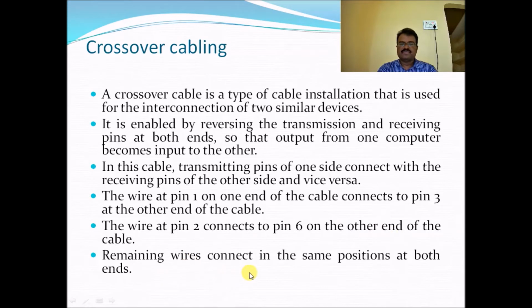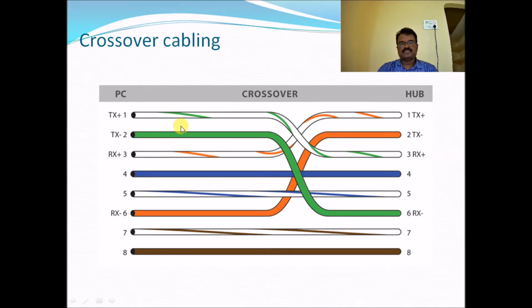The remaining wires connect in the same position at both ends. So we are connecting pin 1 on one end to pin 3 at the other end, and pin 2 on one end to pin 6 on the other end. These are 8 pins, 8 wires arranged like this.